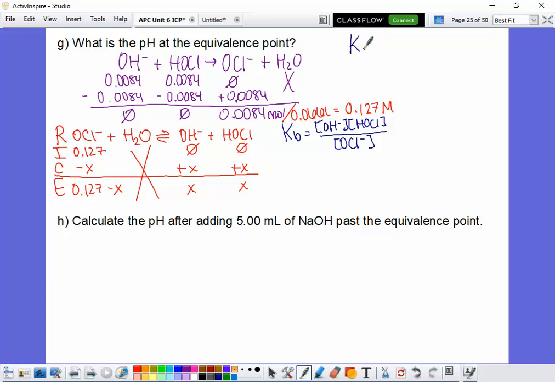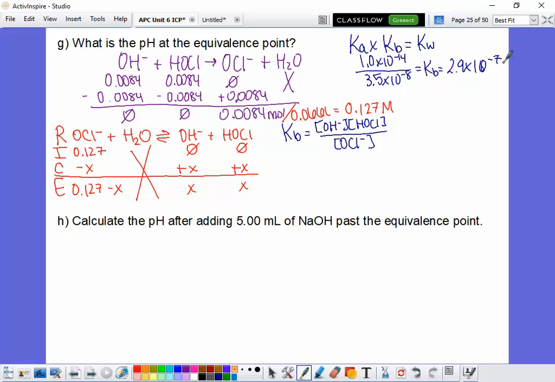Because remember, Ka times Kb equals Kw. Kw is 1.0 times 10 to the negative 14. Ka was given at the beginning of the problem. 3.5 times 10 to the negative 8. So I divide them to get my Kb. And you should get 2.9 times 10 to the negative 7. Right?